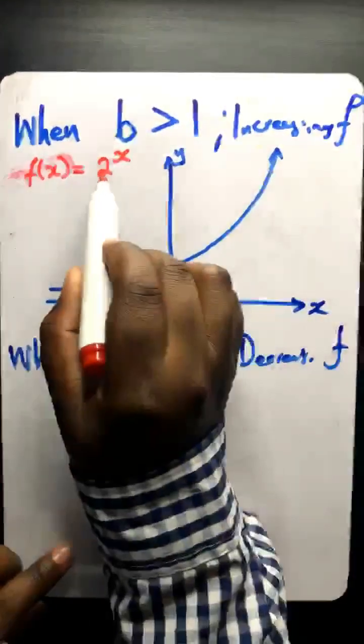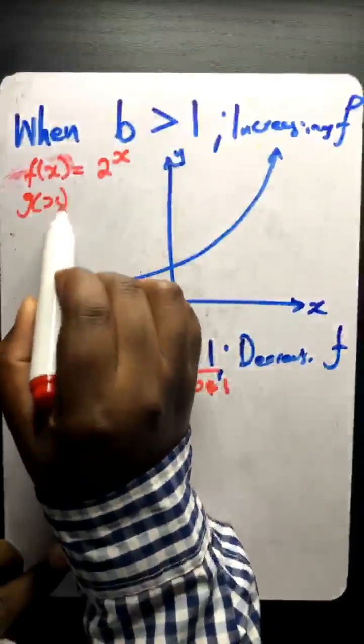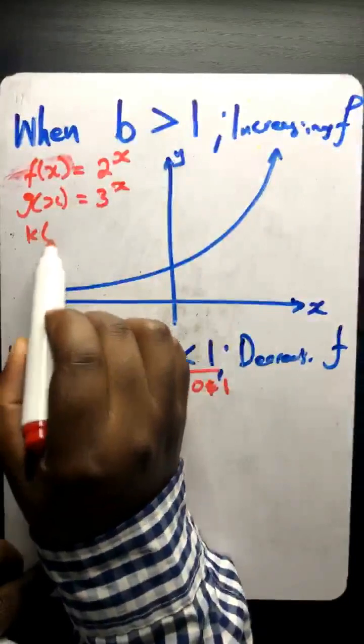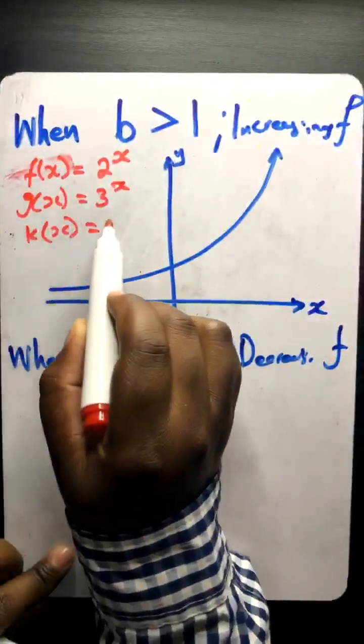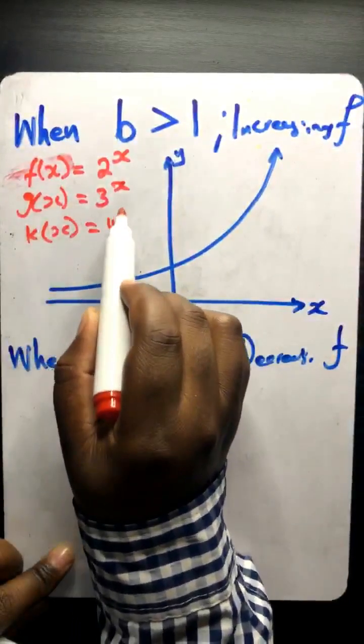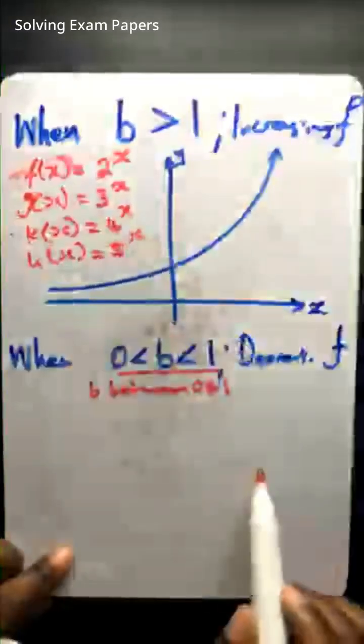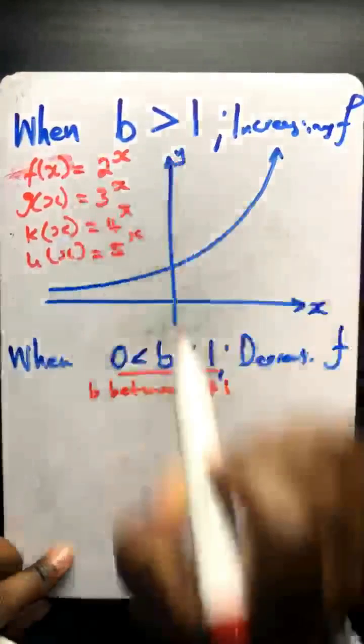The b value is greater than 1. g of x equals 3 to the exponent x, k of x equals 4 to the exponent x, h of x equals 5 to the exponent x. The b values are greater than 1.